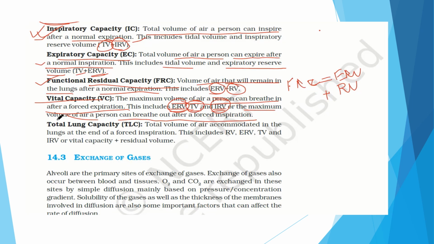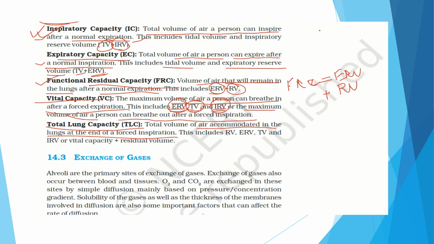Okay. Now comes the last one, the total lung capacity. What is that? The total volume of air accommodated in the lungs at the end of forced inspiration. So you have inspired forcefully. After forceful inspiration, there is a certain volume of air present in your lungs.